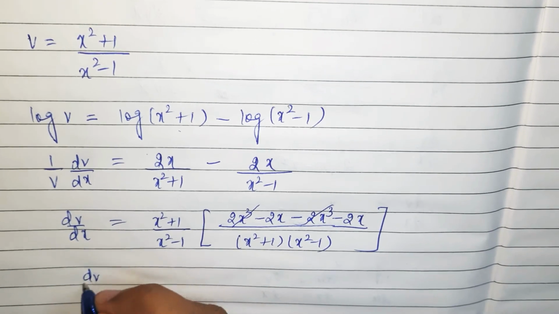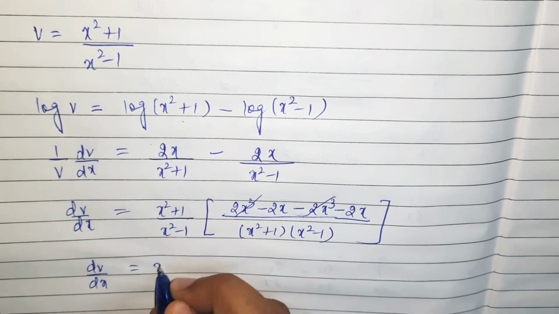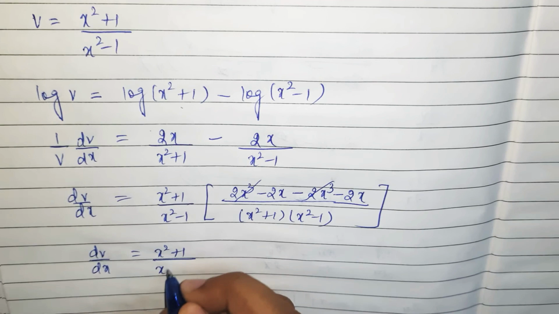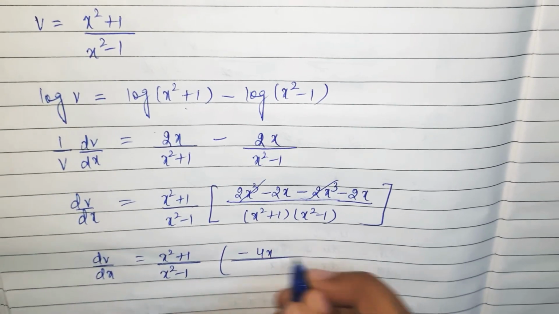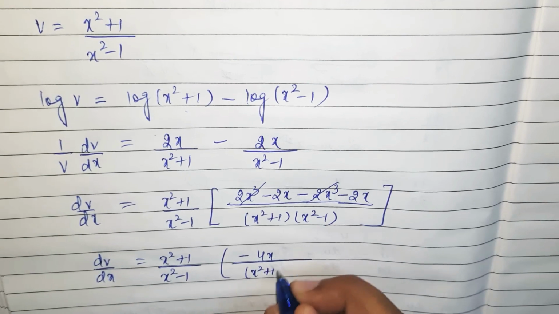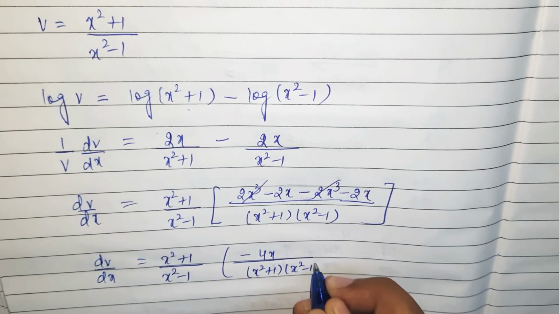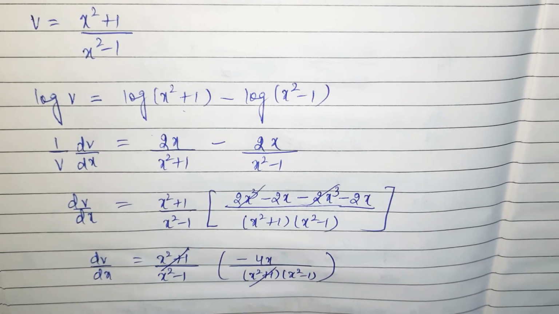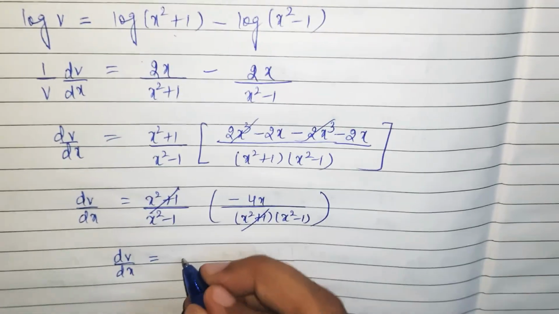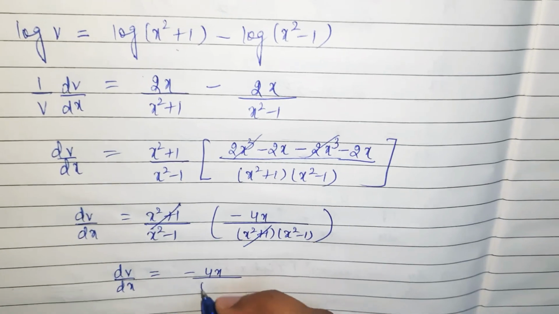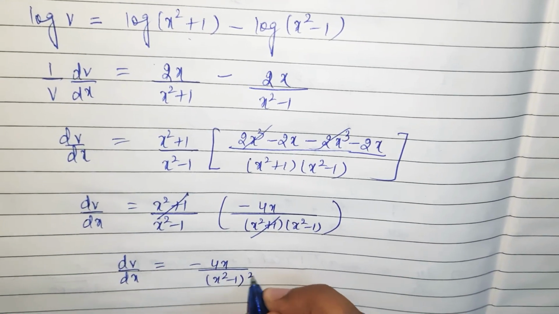I am getting dv by dx as x square plus 1, x square minus 1, and this is minus 4x over x square plus 1, x square minus 1. So this will cancel out. So basically dv by dx I am getting as minus 4x upon x square minus 1 whole square.